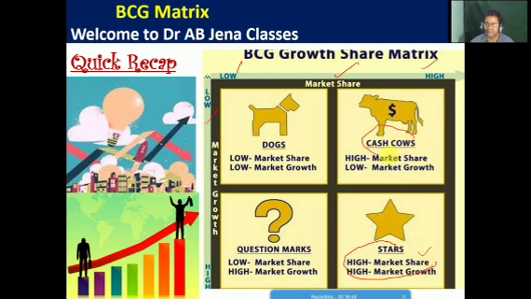In the case of cash cows, there will be high market share and low market growth for the product lines or product units. In the case of question marks, it's different: there will be low market share and high market growth for a company or business units. The last one is the dog: there will be low market share as well as low market growth.